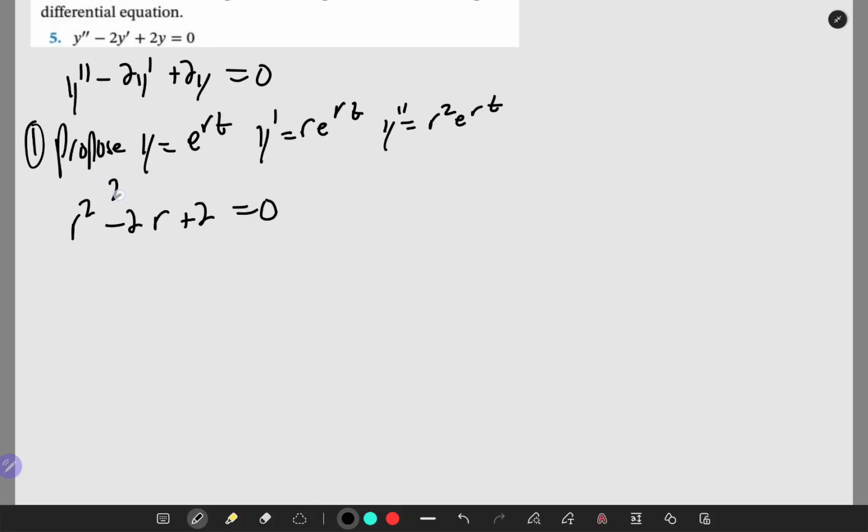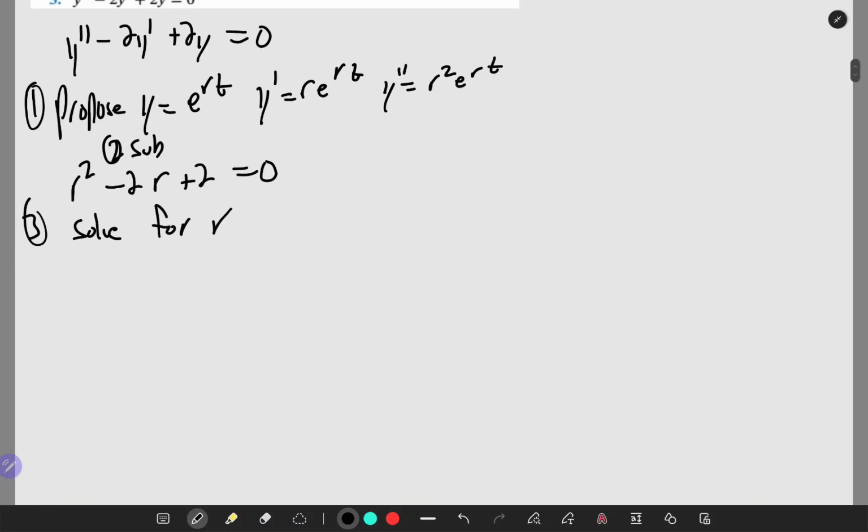I forgot. Step 2, substitute. Step 3, solve for r. So basically, oh yeah, like I said before, we have to use the quadratic formula.